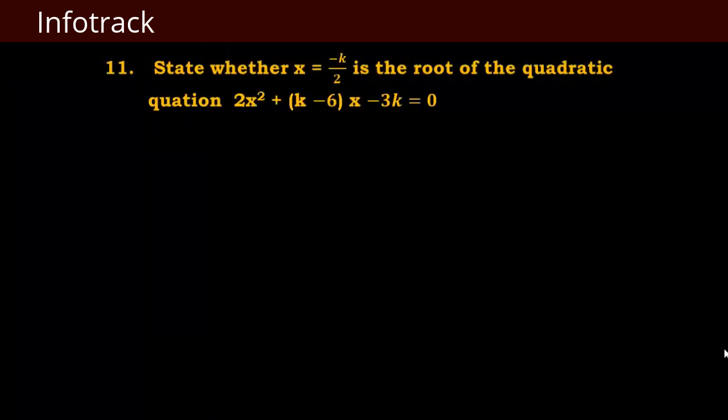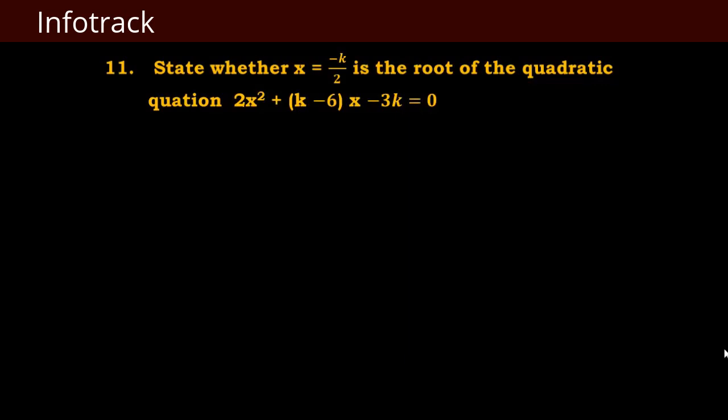State whether x equals minus k upon 2 is a root of the quadratic equation 2x square plus k minus 6 into x minus 3k equals 0. See, we have to check whether x equals minus k upon 2 is a root of the equation or not.